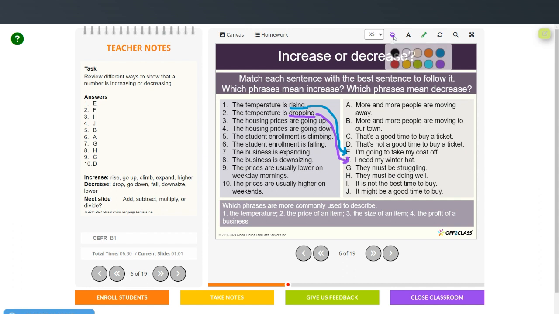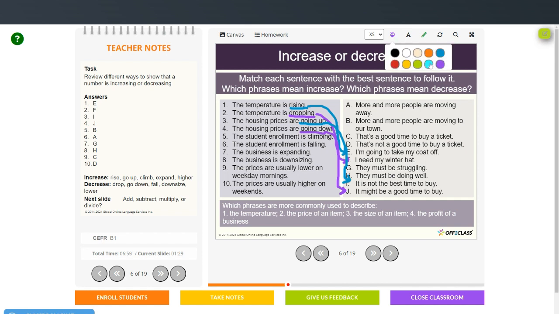Housing prices are going up. So it is not the best time to buy. So going up is increasing. House prices are going down. That would be our decrease. It might be a good time to buy.